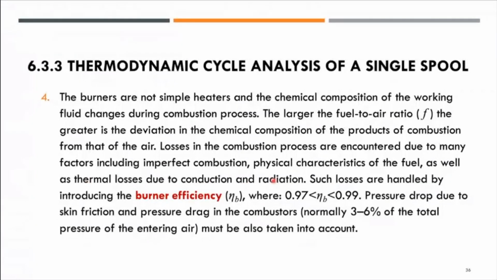So such losses are handled in the burner efficiency, zeta B, okay, where the value of zeta B is between 0.97 to 0.99, whereas the pressure drop due to screen friction and pressure drag in the combustor is normally 3 to 6% of the total pressure of the entering air.